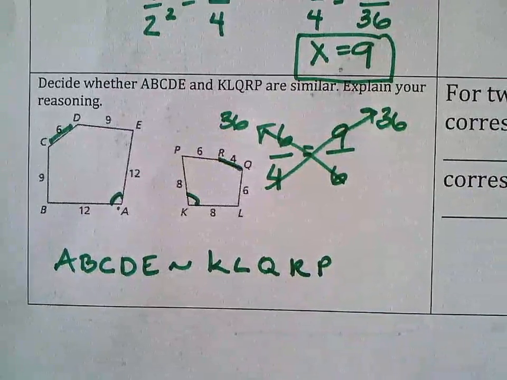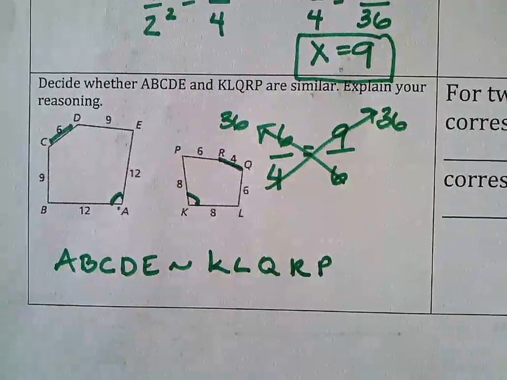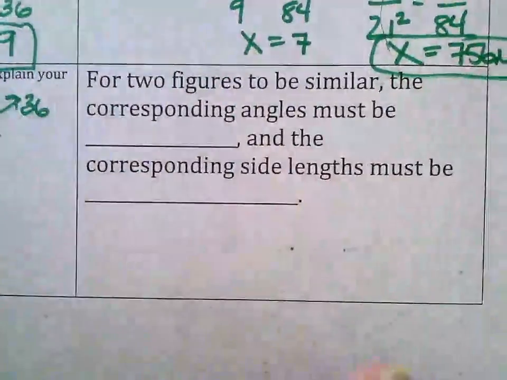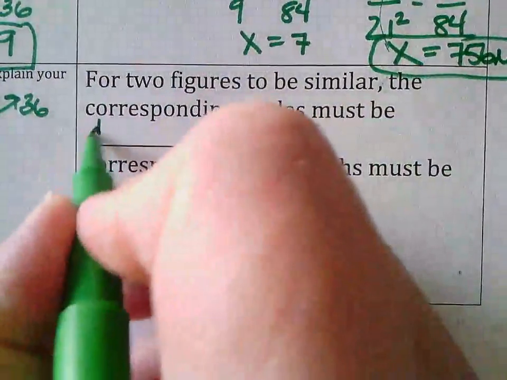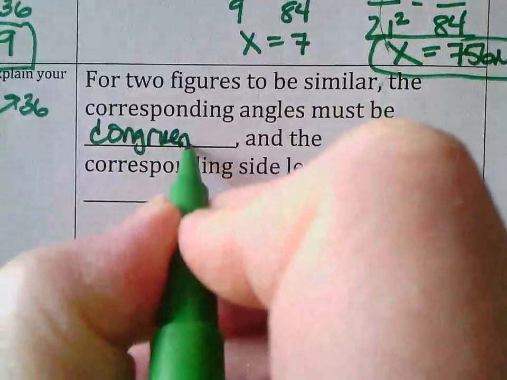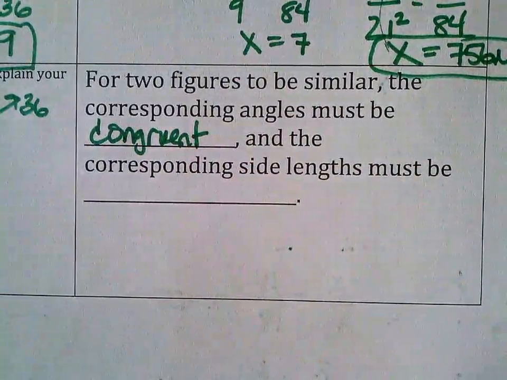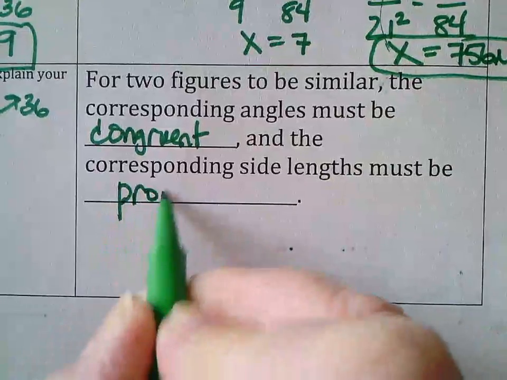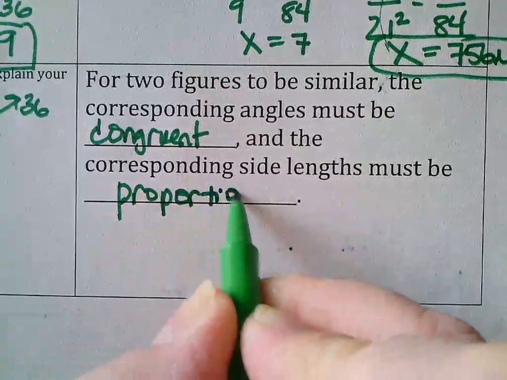And that's your similarity statement. So for two figures to be similar, the corresponding angles, the angles that they relate to, have to be congruent, and the corresponding lengths must be proportional.